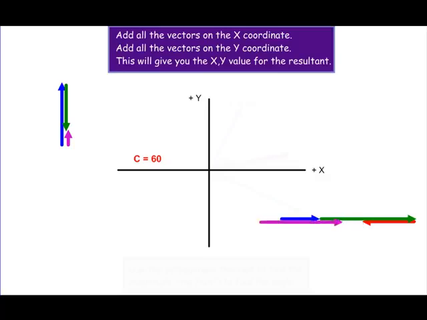Let me show you. Let me take the sum of all the x's, put it back on the x-axis. Let me take the sum of the y's and put it momentarily on the y-axis. But to show that it forms a right triangle, I'm going to make it head to tail. Just move it over here at the end of the x-axis. And so our resultant is actually this vector right here.